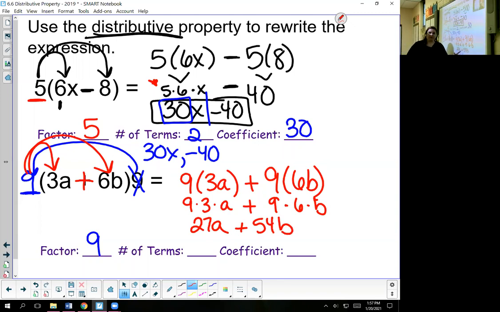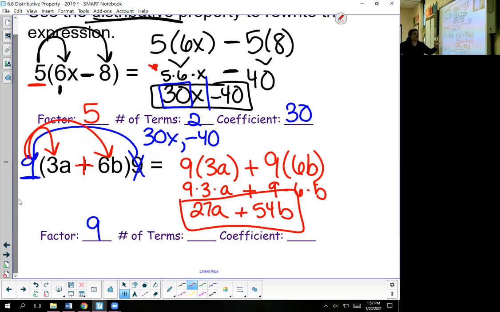Are these the same letter? Are these the same variable? No. So guess what? That is the answer for this one. You cannot add those together. Why? Because this is an a and this is a b. Can't add these together because this is an a and this doesn't have an a. They are not alike. They don't look alike.